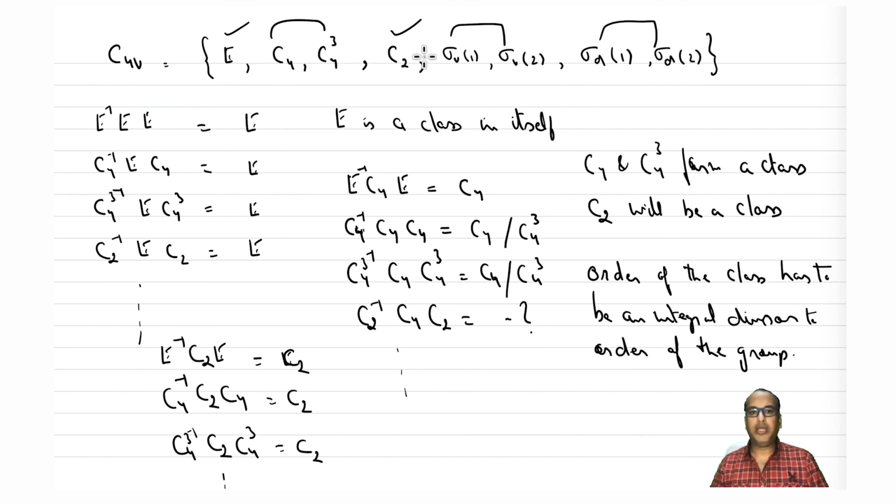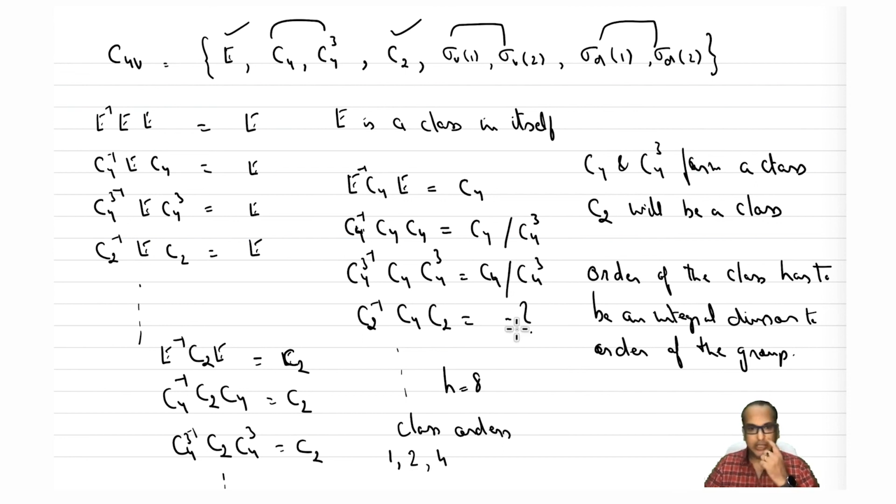Here the order of the group is 1, 2, 3, 4, 5, 6, 7, 8. If h is equal to 8, the class orders which are possible are the integral divisors 1, 2, 4.